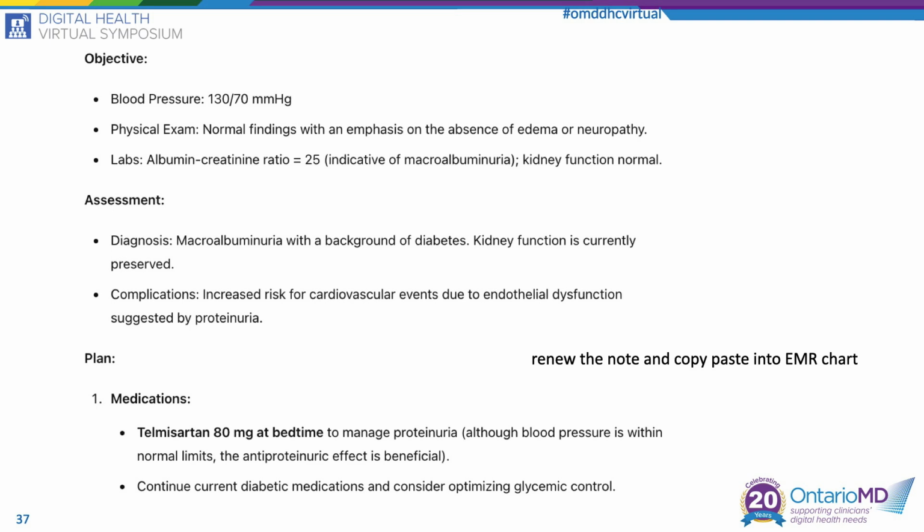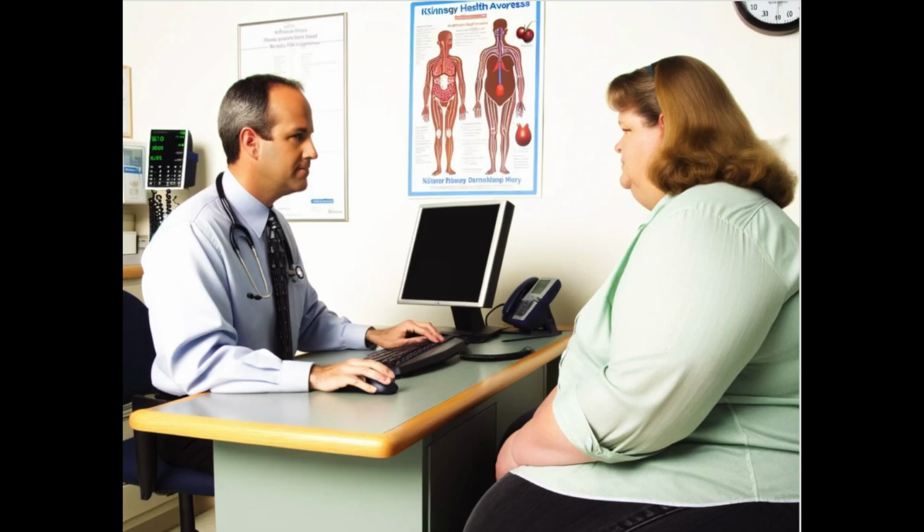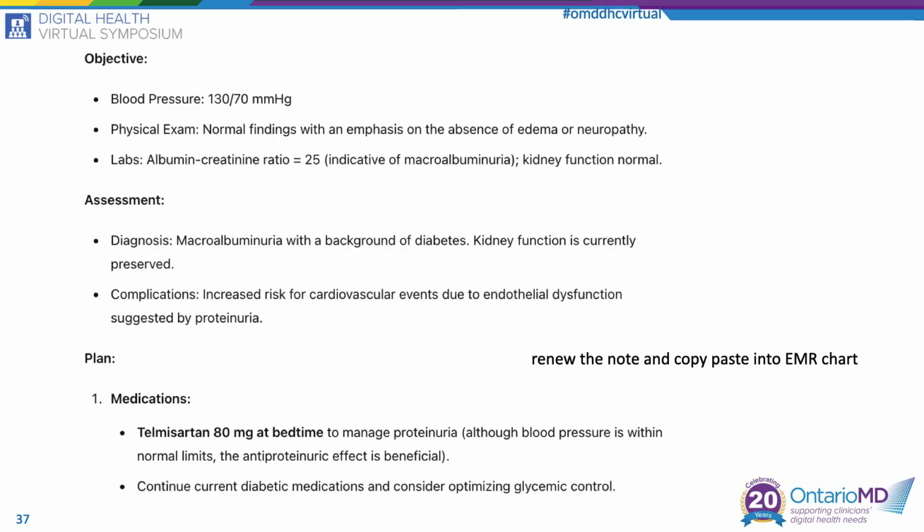And then we talked about the physical examination, so that's put in objective. We just talked about it as we're doing the exam. So it also gives us an assessment, right? And we actually said that in the conversation as well. So it's not making it up. So this patient has microalbuminuria with diabetes.